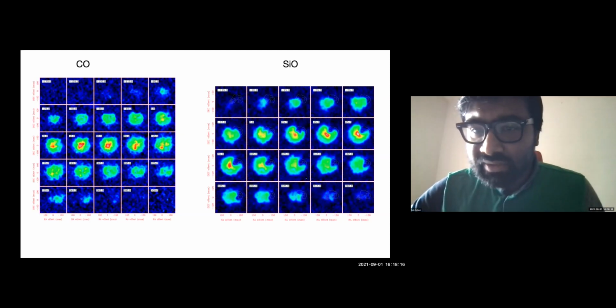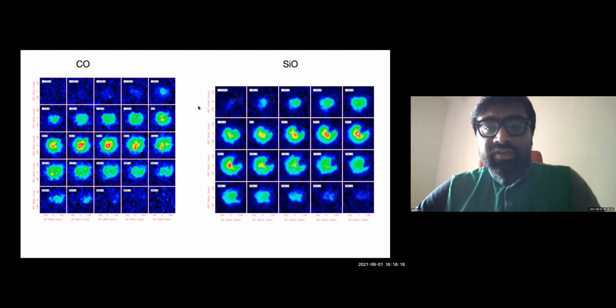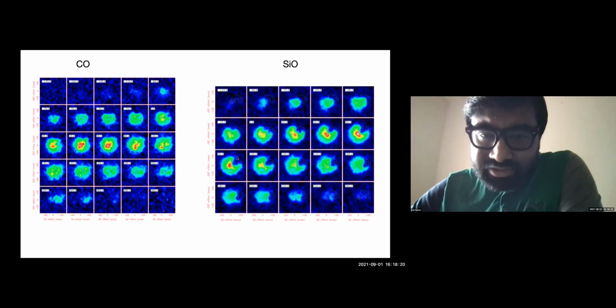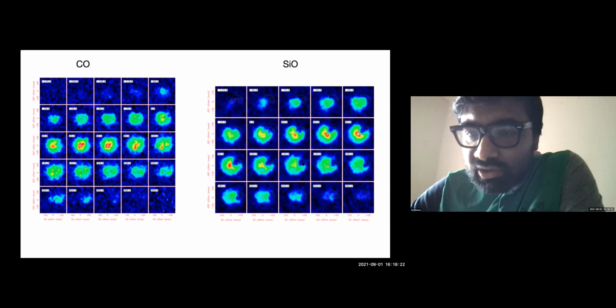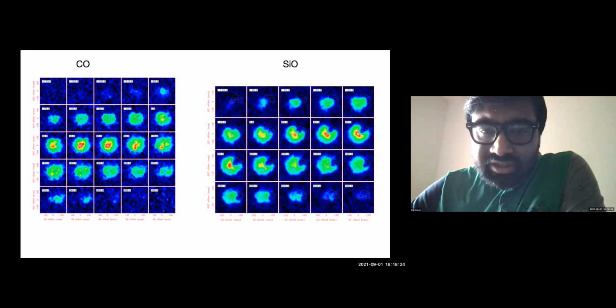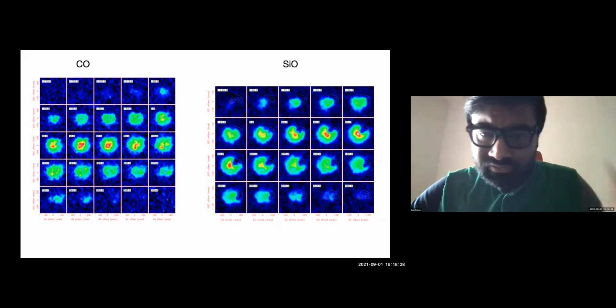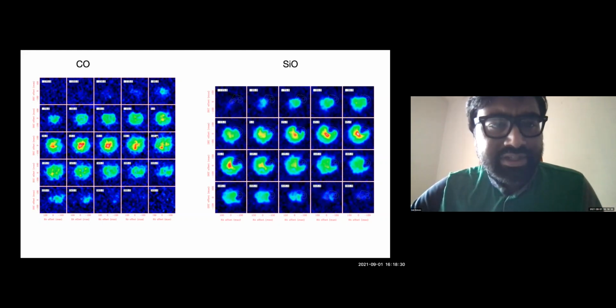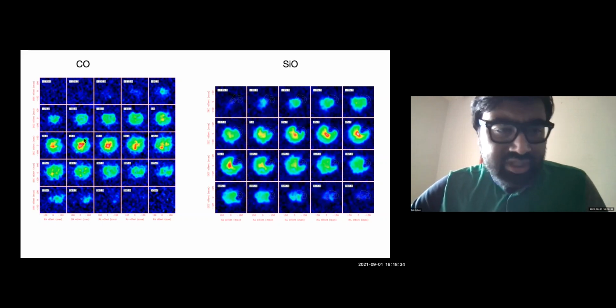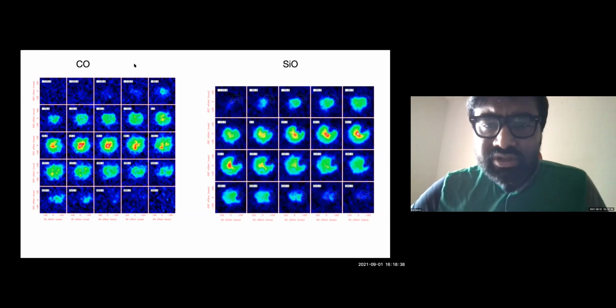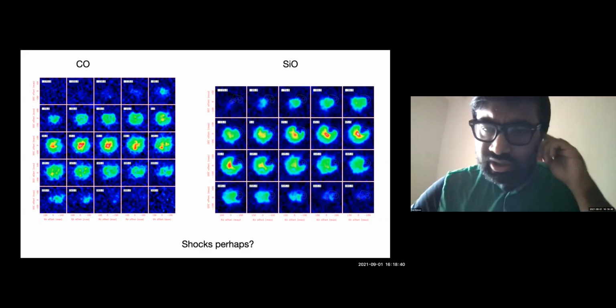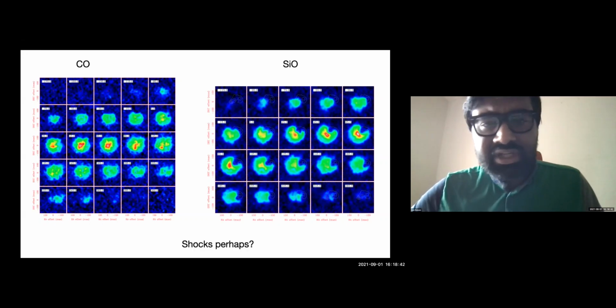On the right, you see the same thing for SiO. If you look carefully, you'll see this chunk missing in the SiO, which shows that the northwestern region has an area of depletion for SiO, whereas in the case of CO, it seems like it's enhanced in that region. That's an interesting feature that we think has to do with shocks in the circumstellar material.